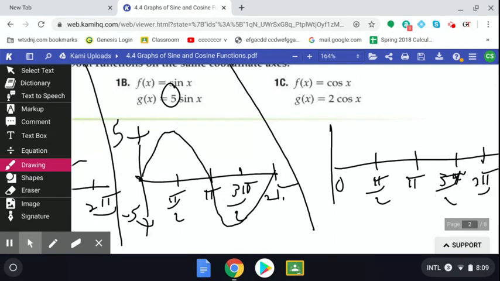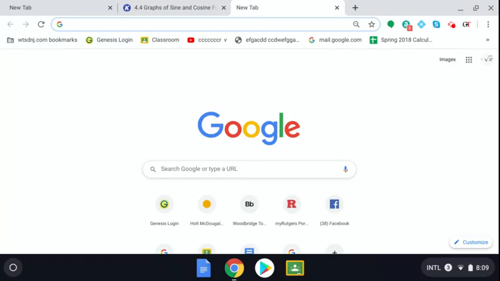And my amplitude is 2. So cosine 0, instead of being 1, is going to be positive 2. And it's going to go to negative 2. Positive 2, negative 2. So it goes this way. Okay? If that looks confusing, we can always take a look at decimals.